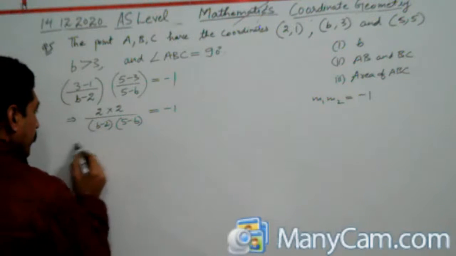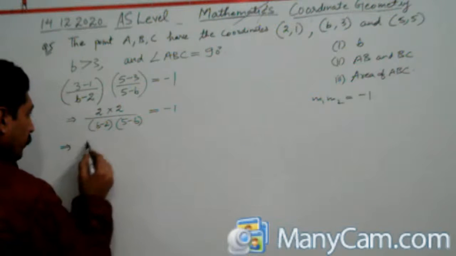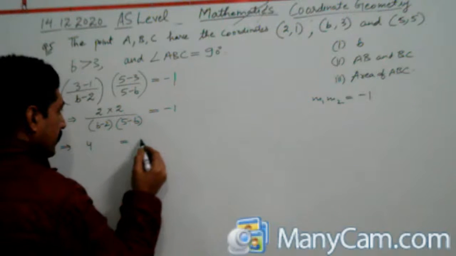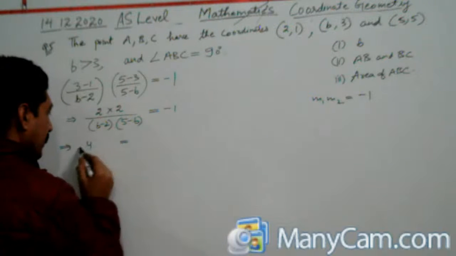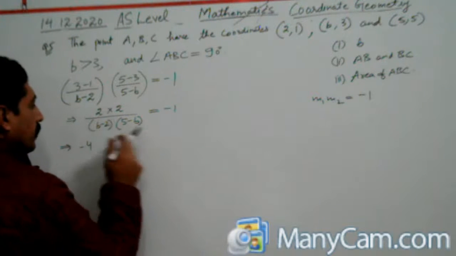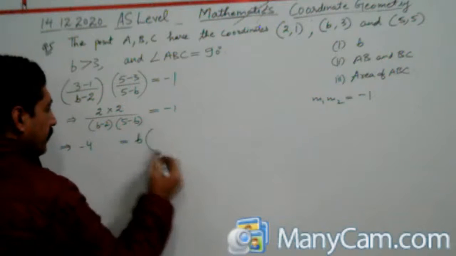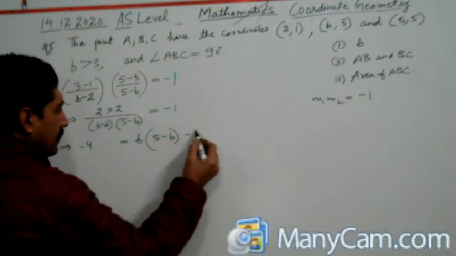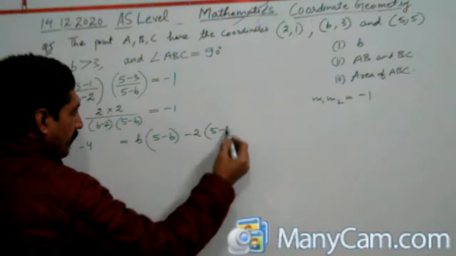So we have here, this implies that minus of 4 is equal to b, when we open the bracket, b into 5 minus b minus of 2 into 5 minus b.